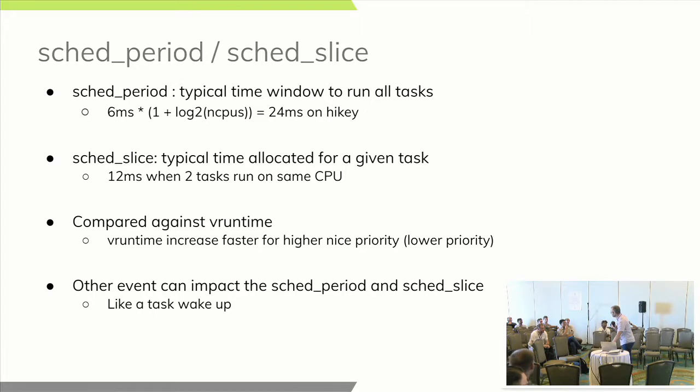Do I need to come back on this, or it was okay? About the sched period and the sched slice. The sched period computes the theoretical time window during which all the tasks should be scheduled. And then we have the sched slice, which is the theoretical slice of time for each task.